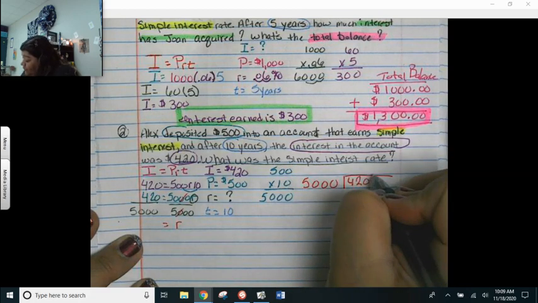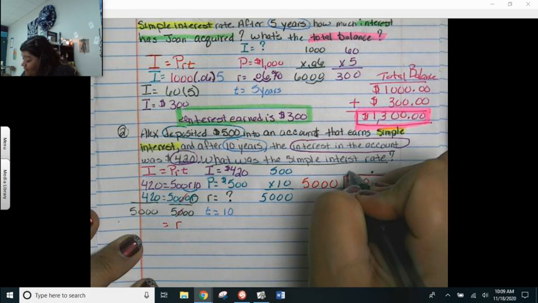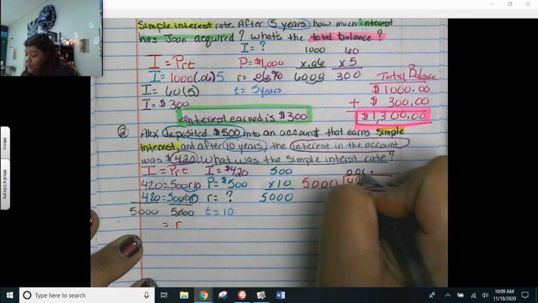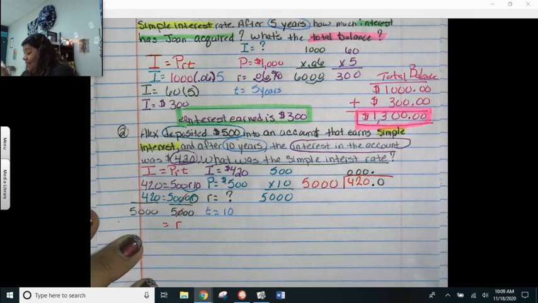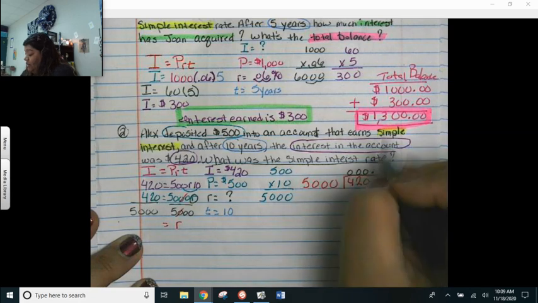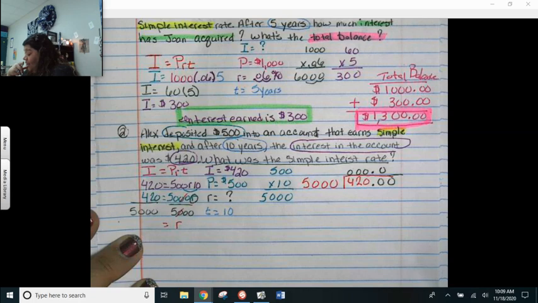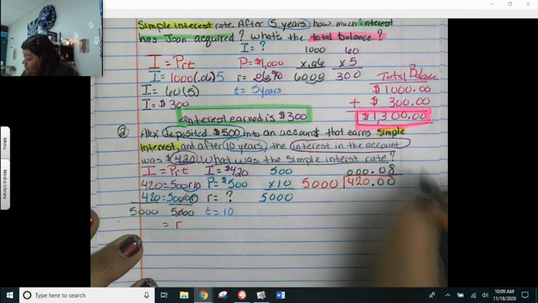Okay, so I'm going to add a decimal because 5,000 cannot go into 420. No way. Okay, and you know what? 5,000 can't even go into 4,200. Okay, 42,000. 5 goes into 42,000 8 times.